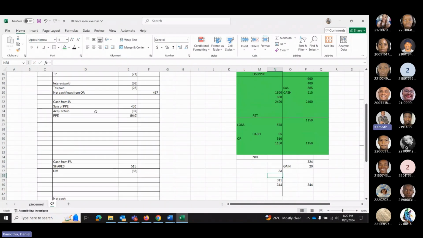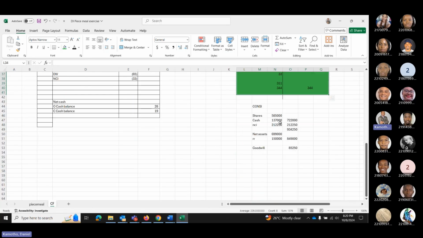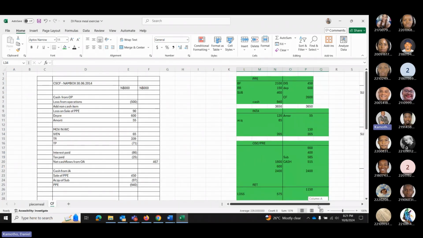So we have payment to NCI. Again, we can put that under it, which is equal to minus 33. So again, we have now closed this account. And if we now close up our account, we have closed everything else.